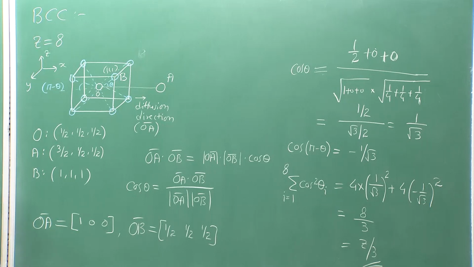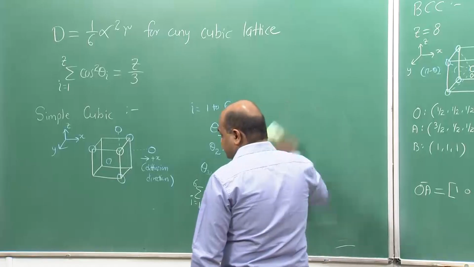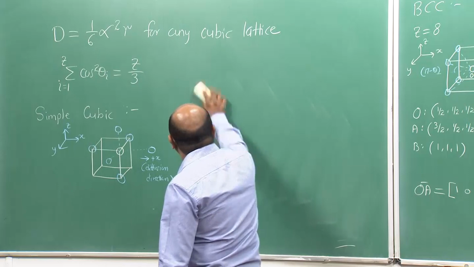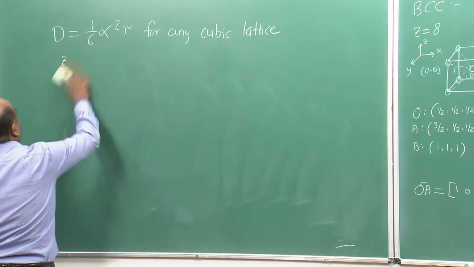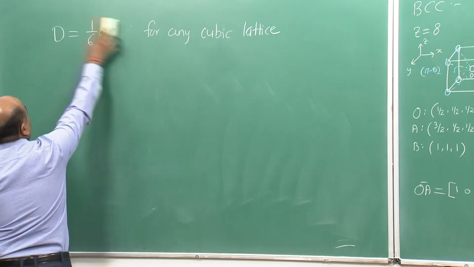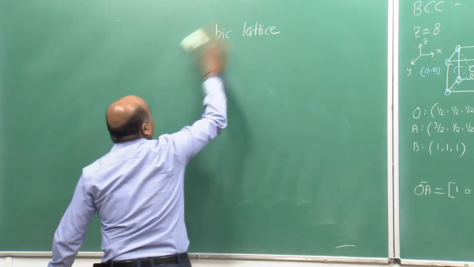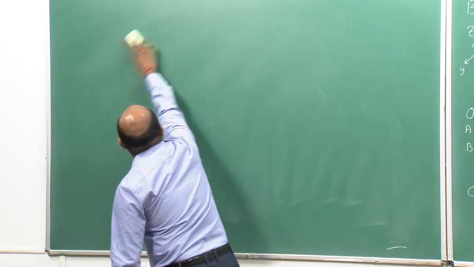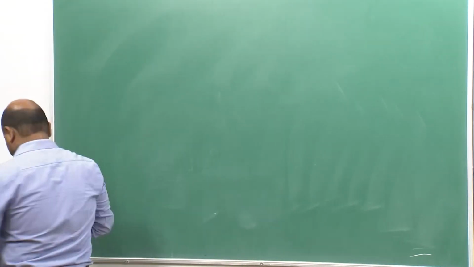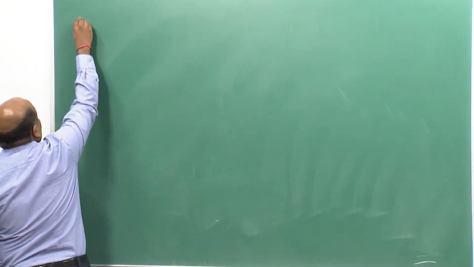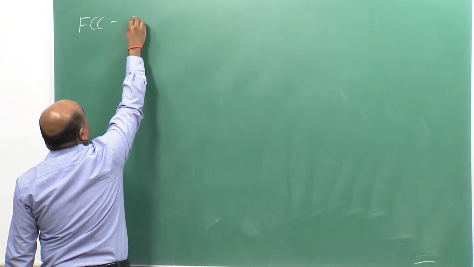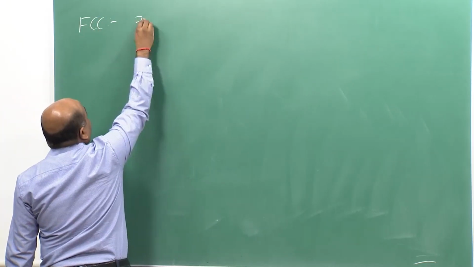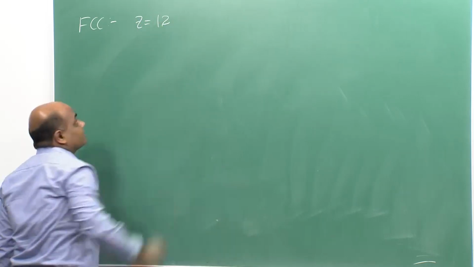Now, let us consider FCC, for which the coordination number is 12.